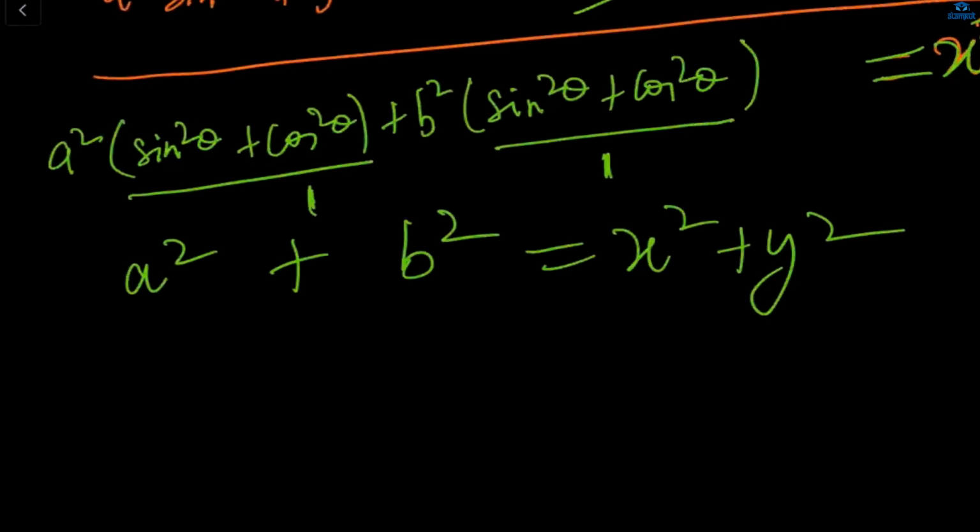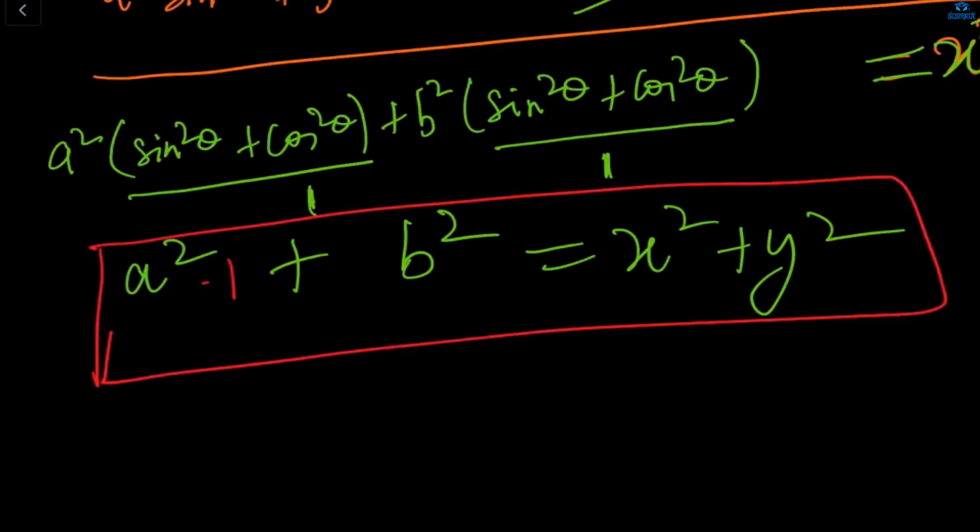You have to write on the right hand side of your copy: since sine square theta plus cos square theta is equal to 1, therefore a square multiplied by 1, b square multiplied by 1, so a square plus b square is equal to x square plus y square.